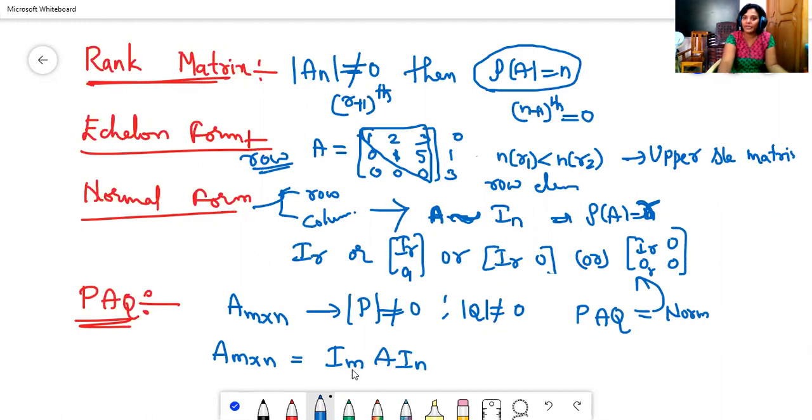We take the row order on the left as the prefactor of A, and the identity matrix as the post factor. The prefactor identity matrix has the same row order as the A matrix. If A has a certain column order, then we take the post factor identity of the same order. So first we take A m by n is equal to Im A In.